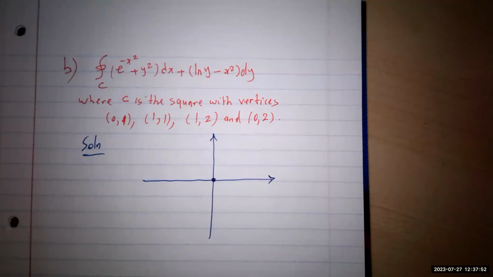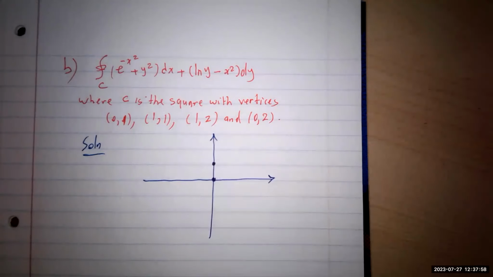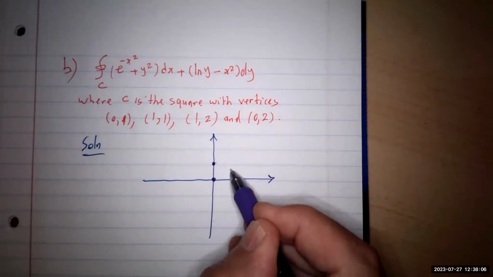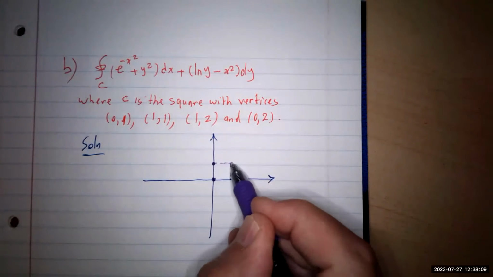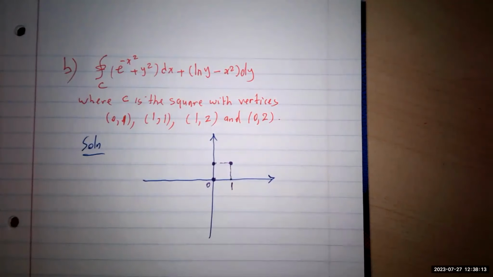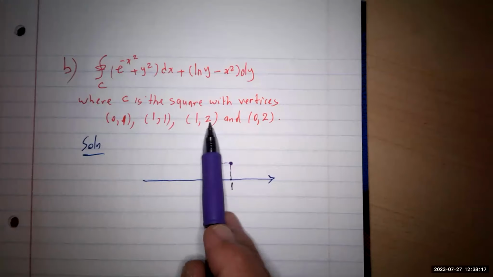Where is the 0, 1? And now 0, 1 is here. So this would be 0, 1. Okay, then we go to the 1, 1. So this is going to be 1 and this is 1. So this is 0, this is 1. Okay, so 0, 1, 1, 1, then 1, 2.